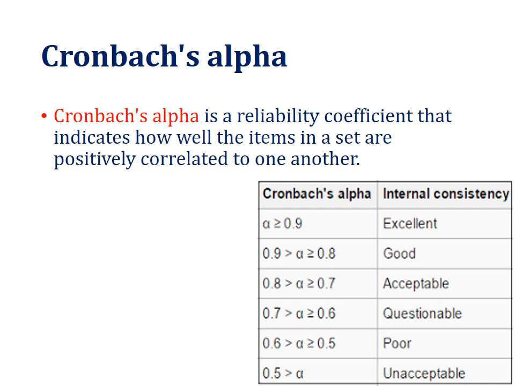If the Cronbach's alpha is greater than 0.9, it means your reliability is excellent. If your Cronbach's alpha is under 0.5, it is unacceptable.